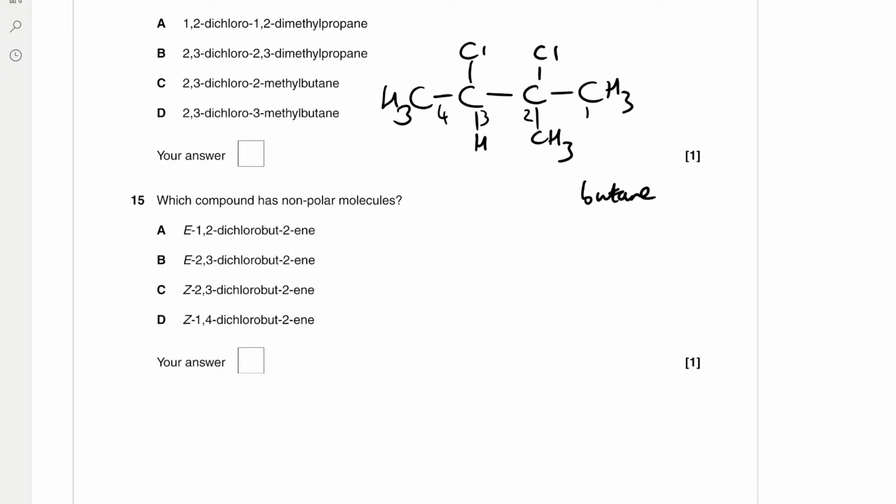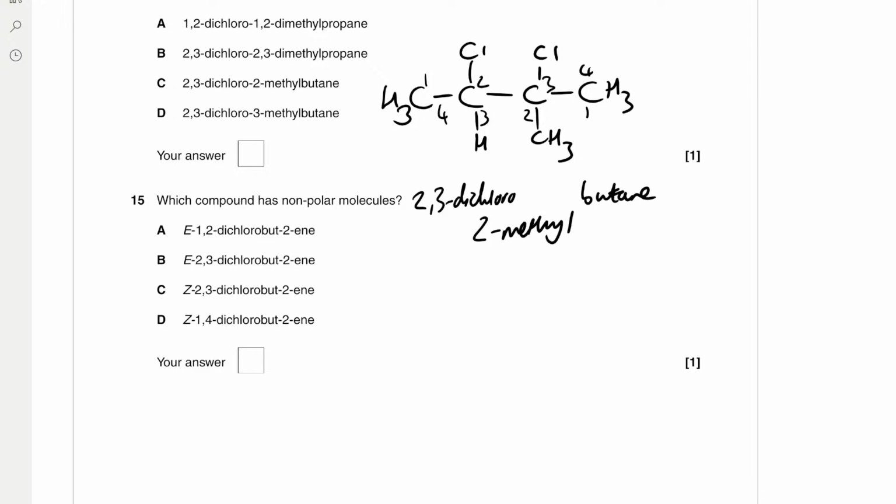But we also have these dichloro groups. So we need to put the chlorine groups first because that is in alphabetical order. And just in case you aren't aware, if we were to go the other way, that wouldn't be ideal because then we would have 2, 3 dichloro, 3 methyl, which would be higher numbers than what the correct answer is, which is 2, 3 dichloro, 2 methyl, because that's lower numbers.